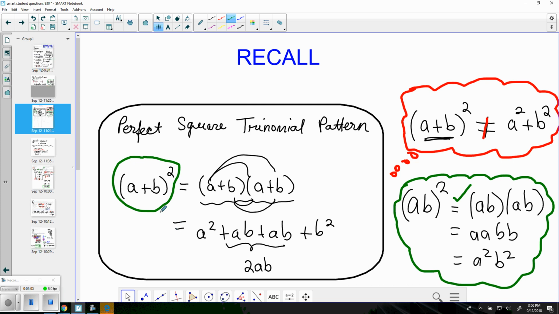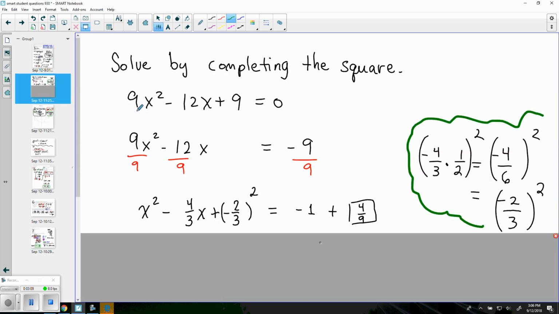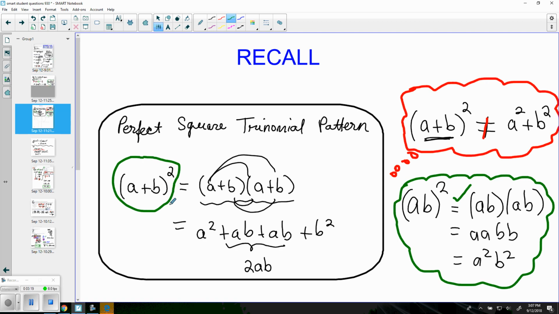So that is our goal, which means we're trying to add something onto that original couple of terms to make a perfect square trinomial that can be written in the form of a plus b, or a minus b for that matter, quantity squared. Either one depending on the situation, right?